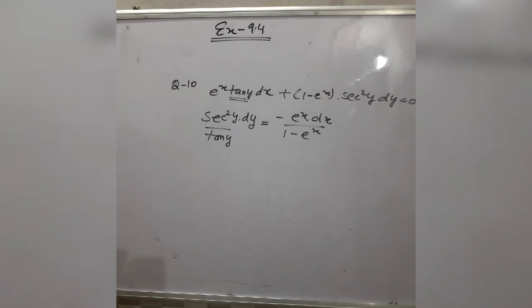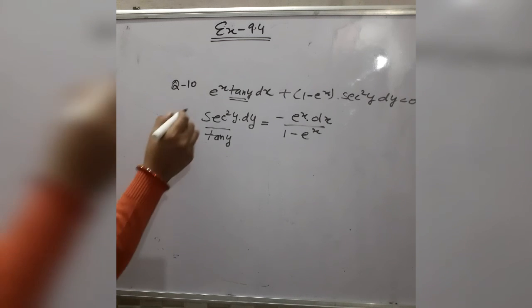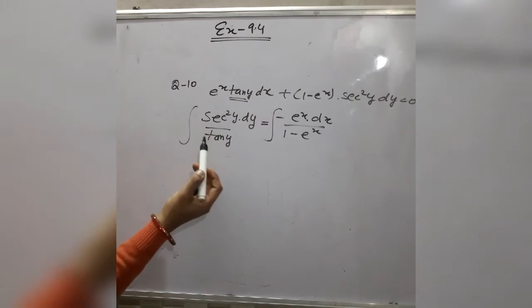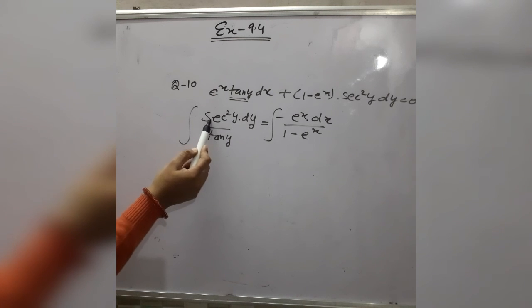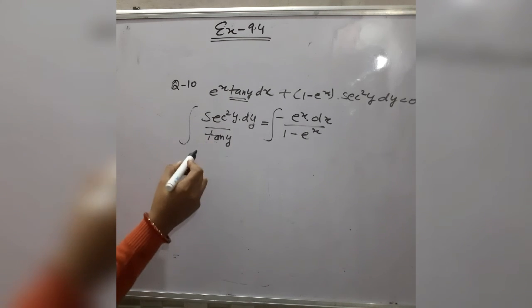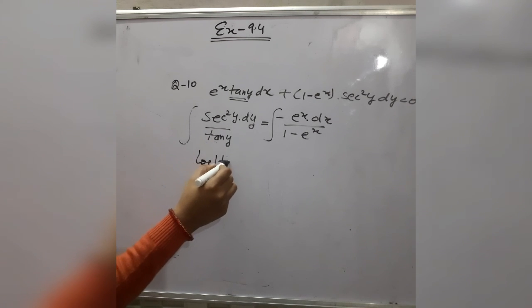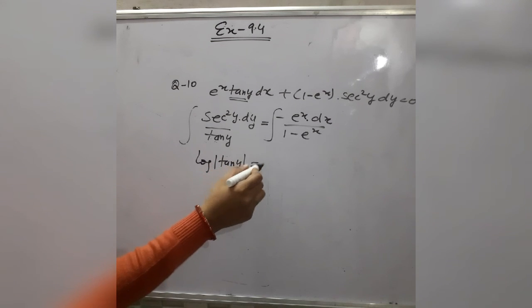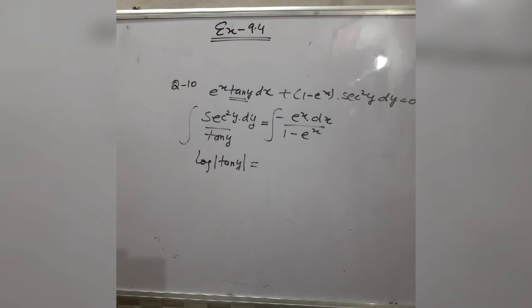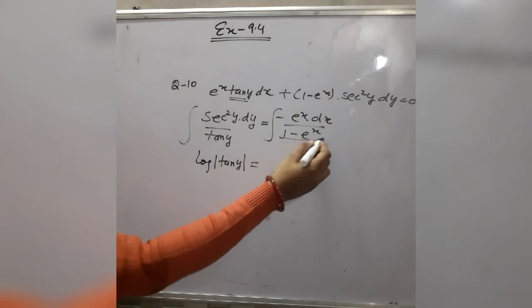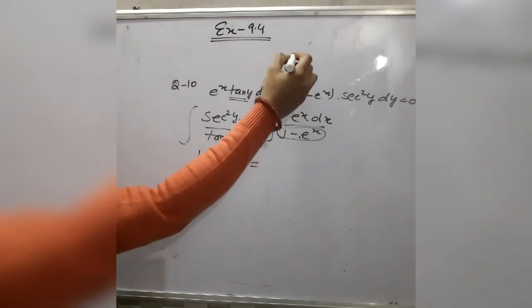Now the next step is integrating both sides. After integration, very easily you can find the integration of this term. This is f of x and this is the derivative of f of x, so the integration of this term will be log tangent y. Now the integration of the right hand side, how will you find it? Here 1 minus e raised to power x, you can put this equal to t.